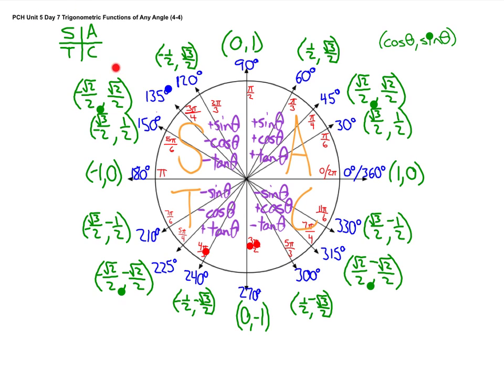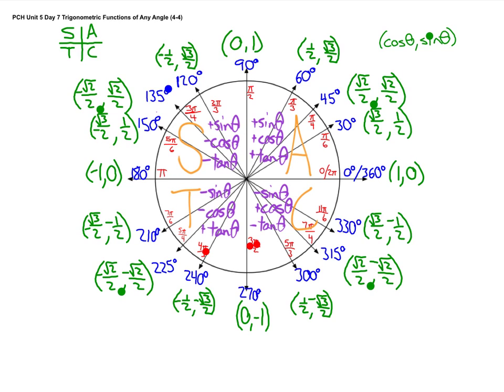I always write this up in the little corner of my paper so I remember it. There are a lot of different ways you could do it, like CAST, but to go in the same order as your quadrants, you just remember: all students take calculus.